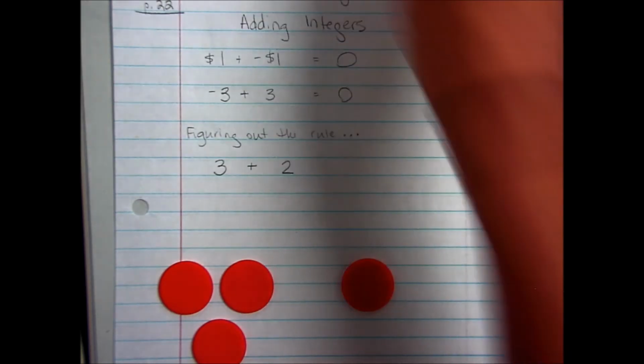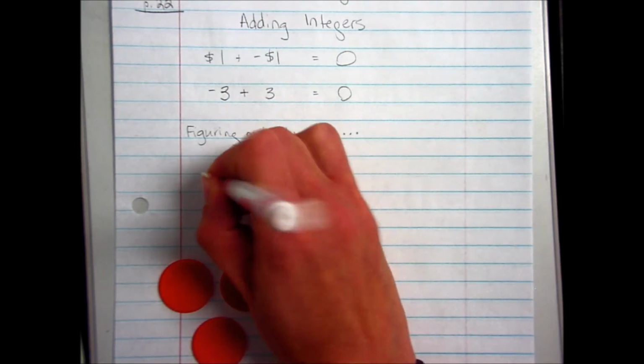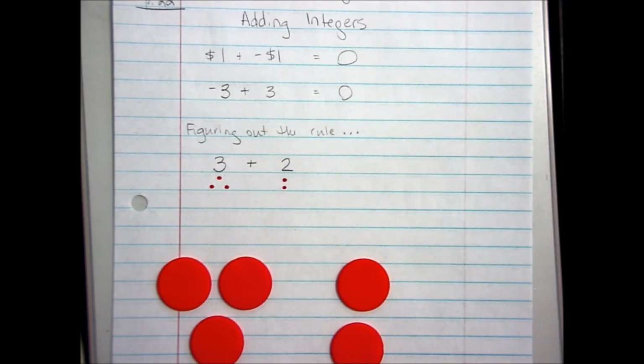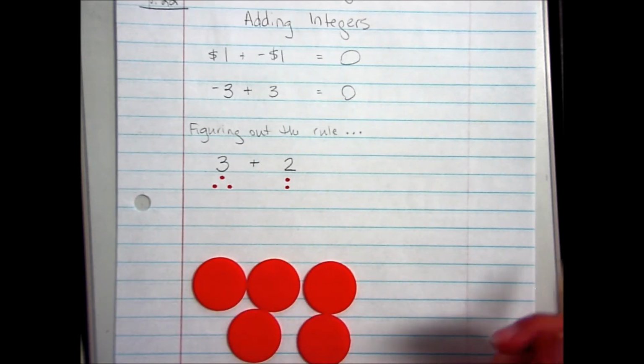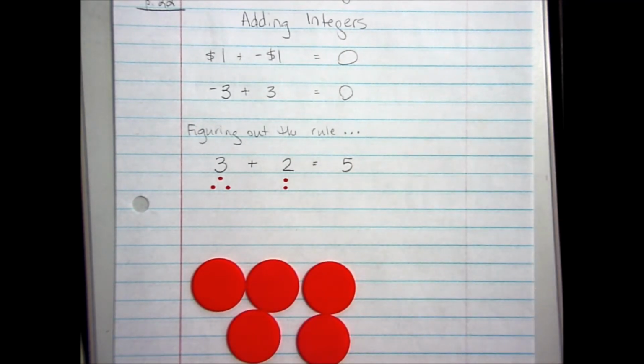So we have a +3, and we're adding a +2. And so that I can keep it in my notes, I'm going to have the dots in red as well. Alright, so all I have to do is combine. Nothing's canceling out. You got 5. So I'll have a +5.